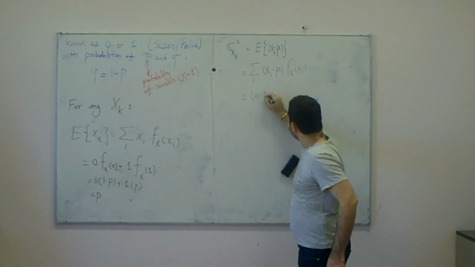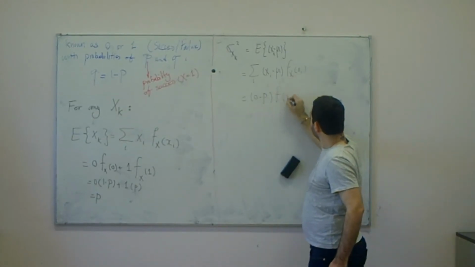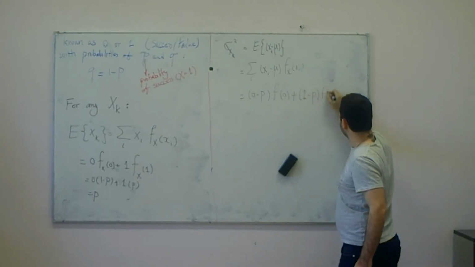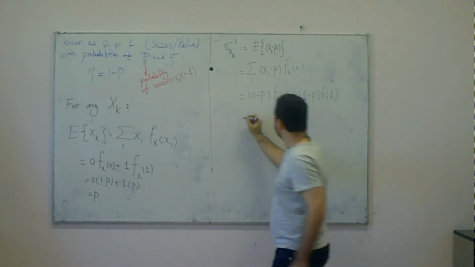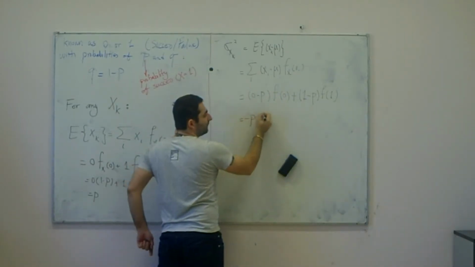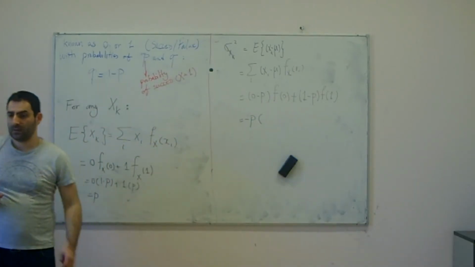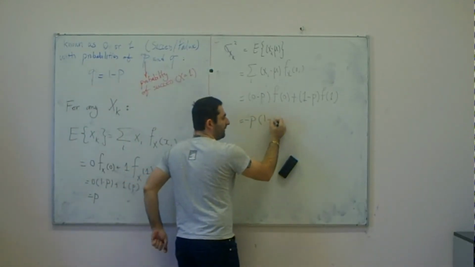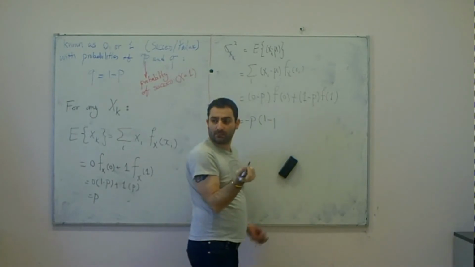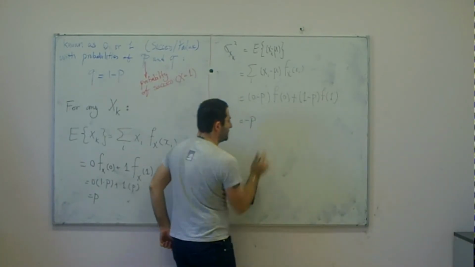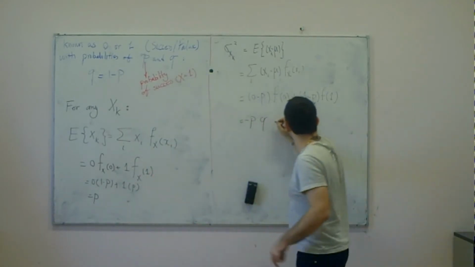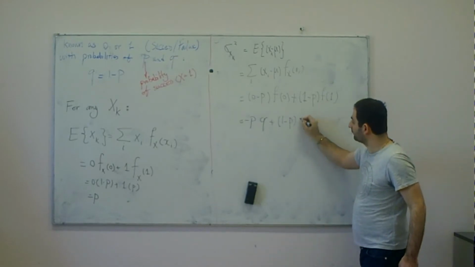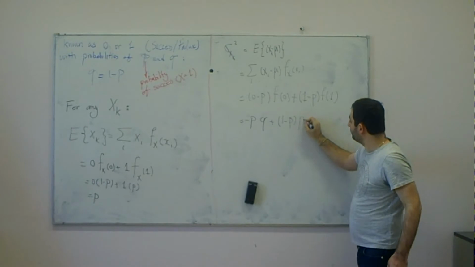P. Plus, if it is 1, so it will be minus P. What is F of 0? Q, or 1 minus P. I write it as 1 minus P. What do you want me to write as Q? Let's give it as Q, and then we can replace it with 1 minus P. Plus 1 minus P. What is F of 1? P.